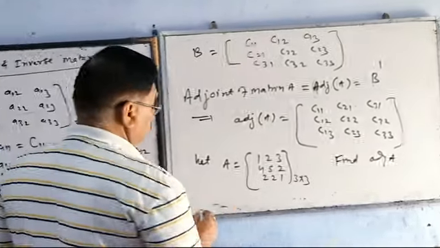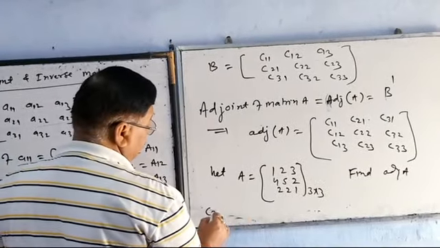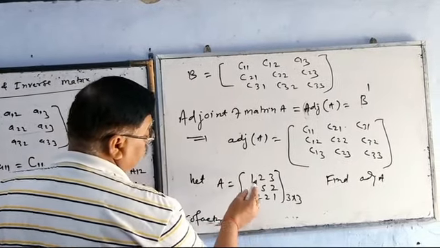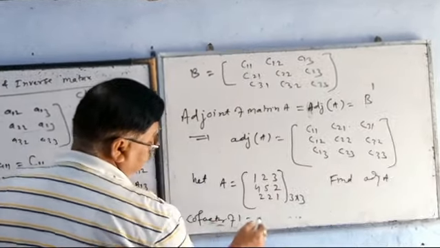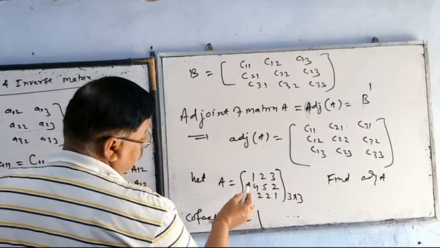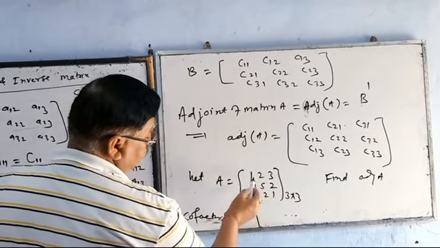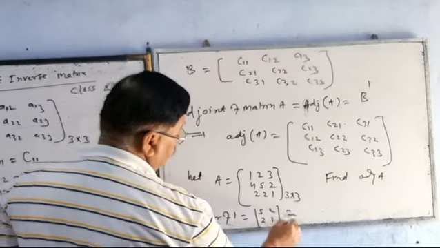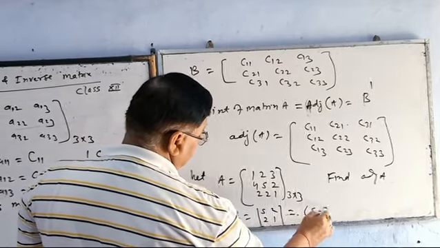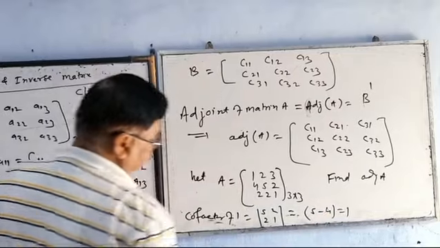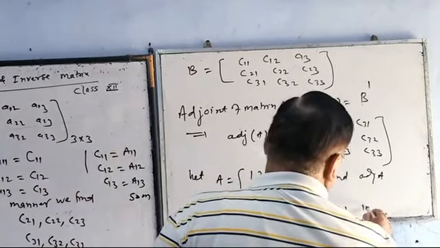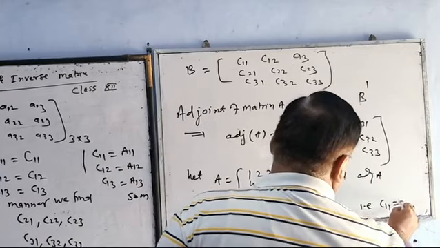Cofactor of 1: we delete this row and this column, leaving 5, 2, 2, 1, so 5 minus 4 is 1. So C11 is 1.